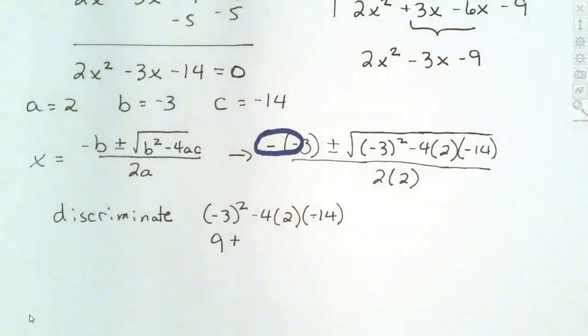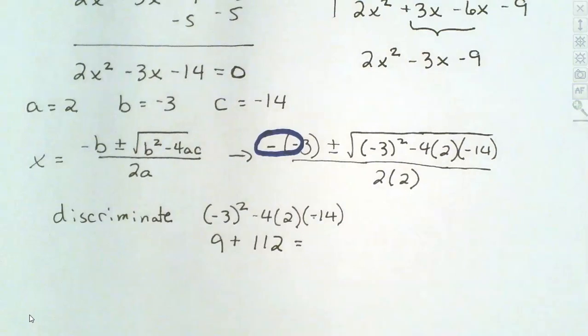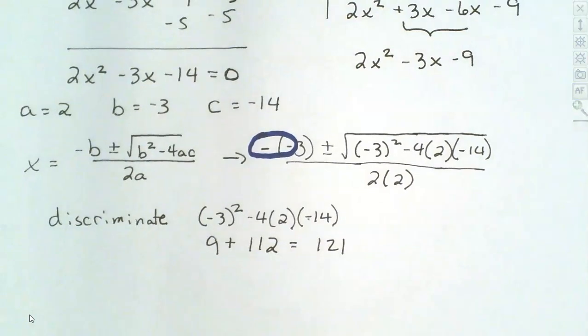Multiply across. And that gives you 112. Add that 9 to that, and we get 121. And we're in luck again because 121 is a perfect square. A lot of times they'll be perfect squares. Not always, though.